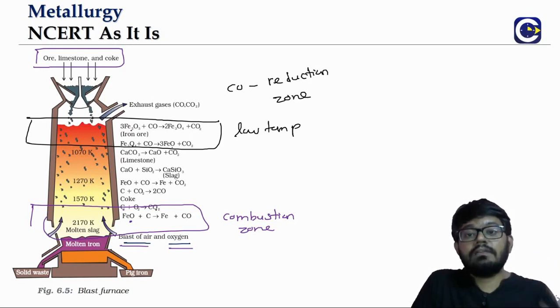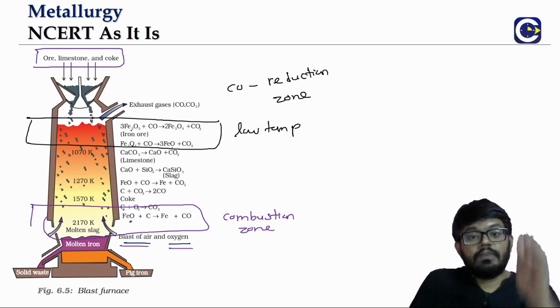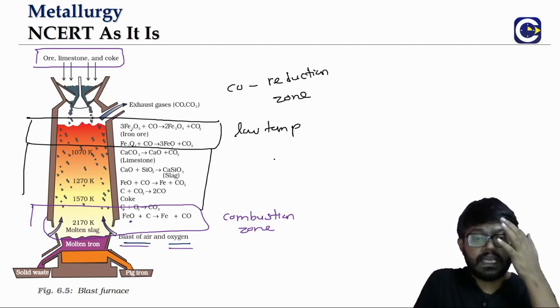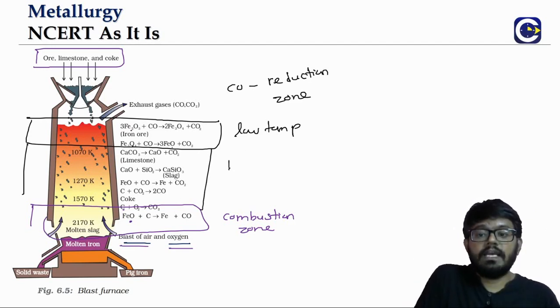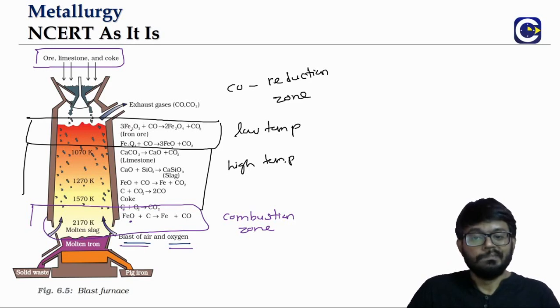Now we will see where the carbon monoxide is coming from, because at the bottom we have complete combustion, and CO2 is coming. As the CO2 is rising, from the top coke is coming. So this is the middle zone, which we will refer to as the high temperature zone. But we should keep in mind that the highest temperature will be in the combustion zone.